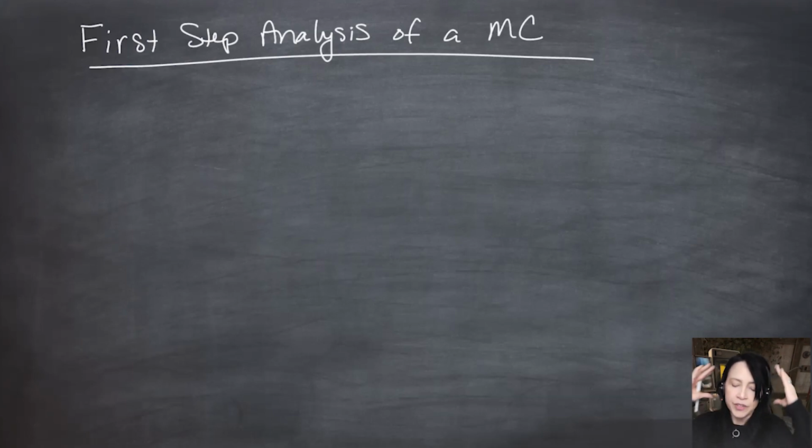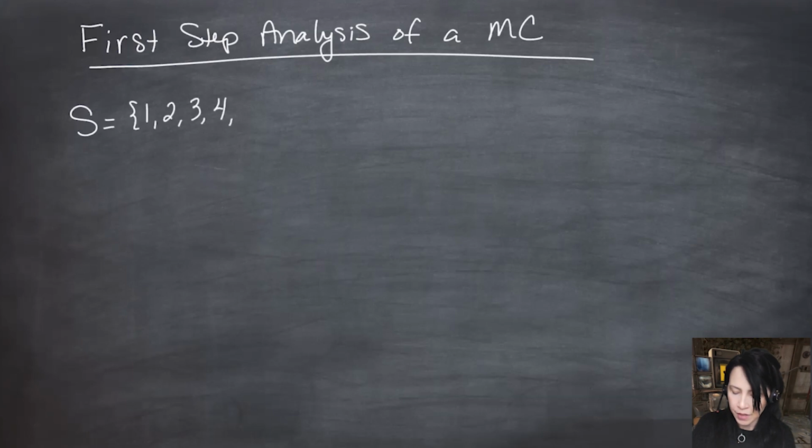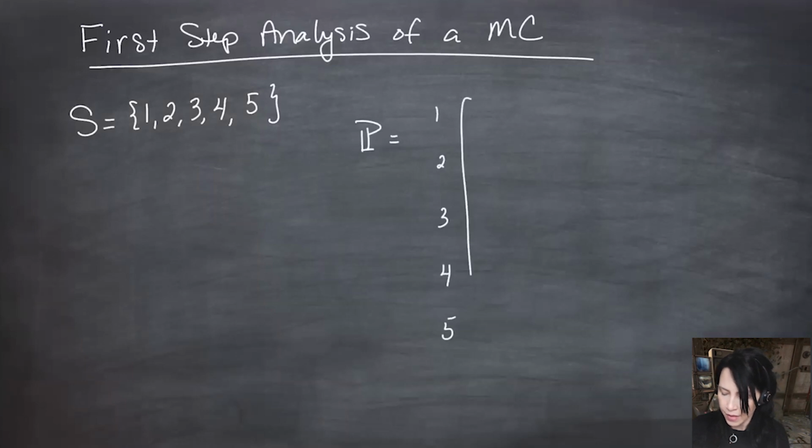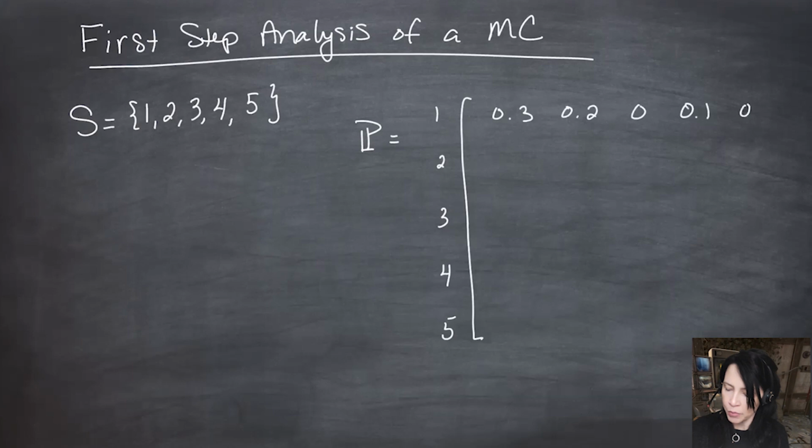I'm going to need quite a few states here just to illustrate certain things. So I'm going to make my state space be 1 through 5. And then I'm going to make up a transition matrix. Across the 1 row, I have 0.3, 0.2, 0, 0.1, and 0.4.